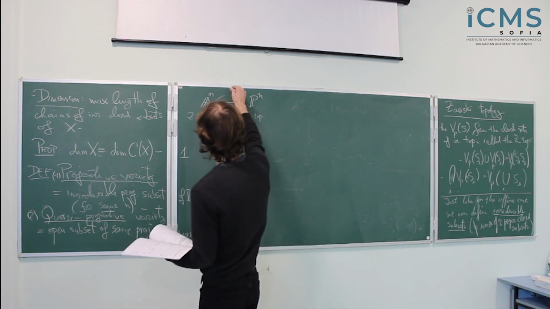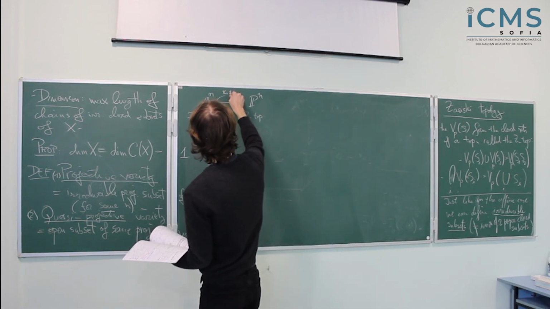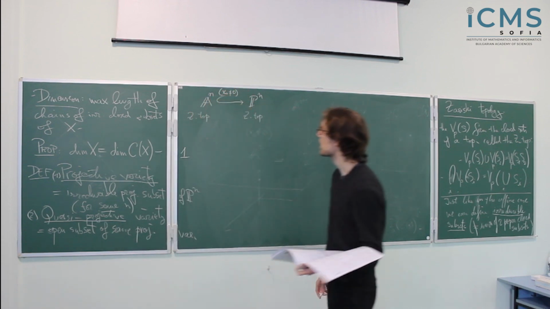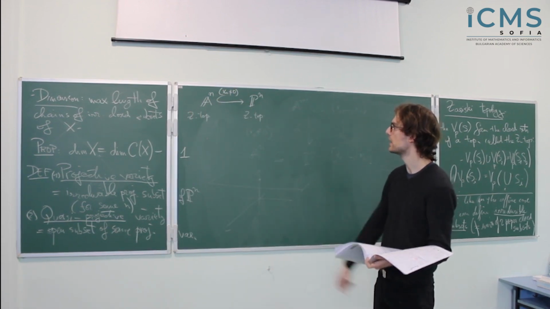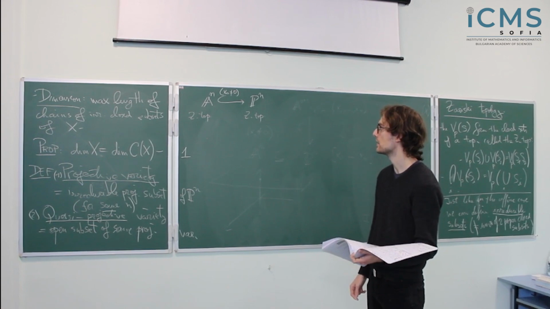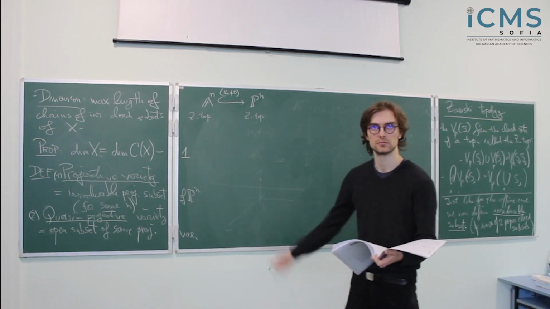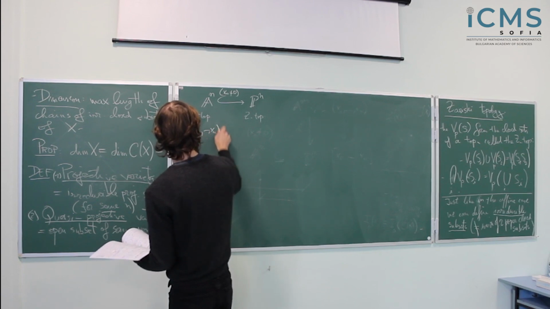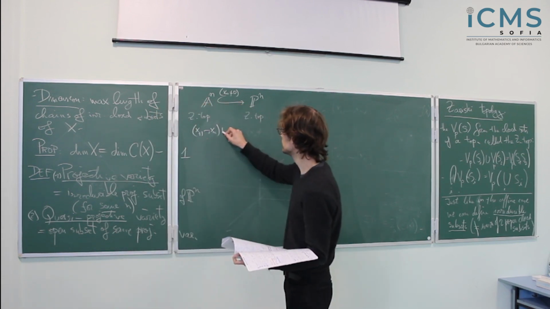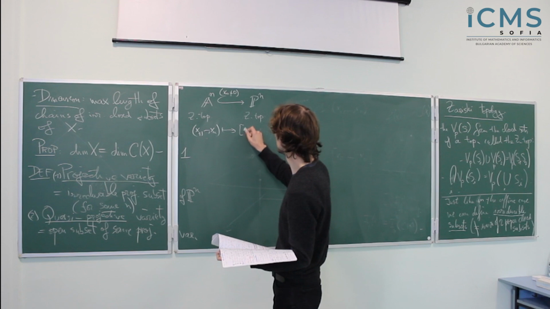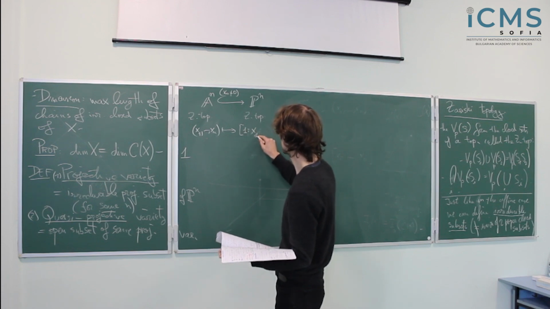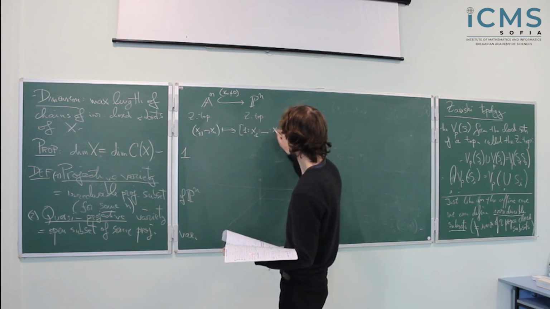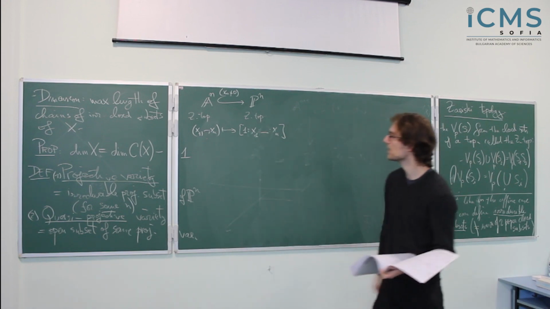So I'll just suppose here that this embedding comes from the fact where x0 is not equal to 0. Okay. So a point with coordinates x1, ..., xn will be sent to this point here.